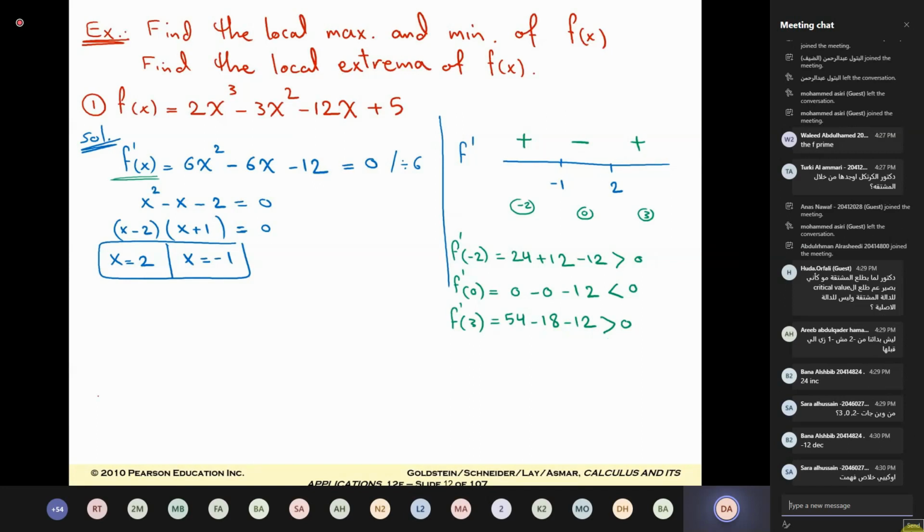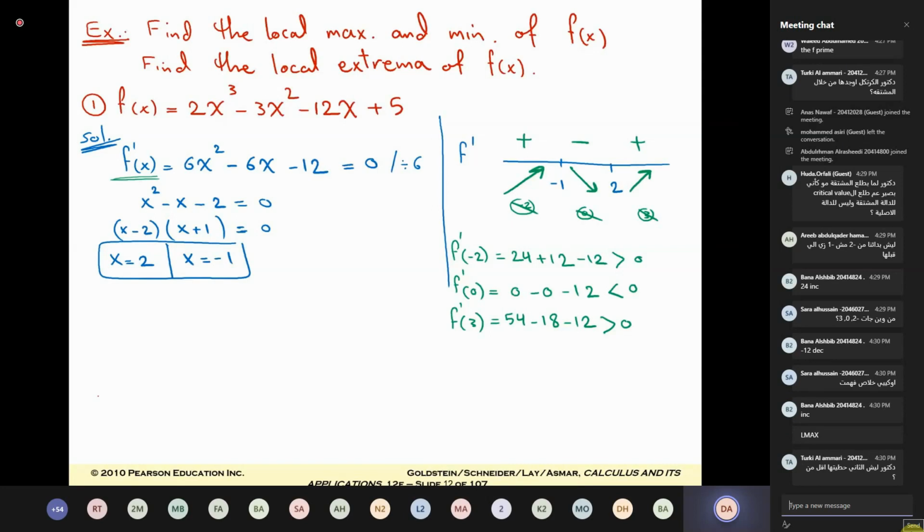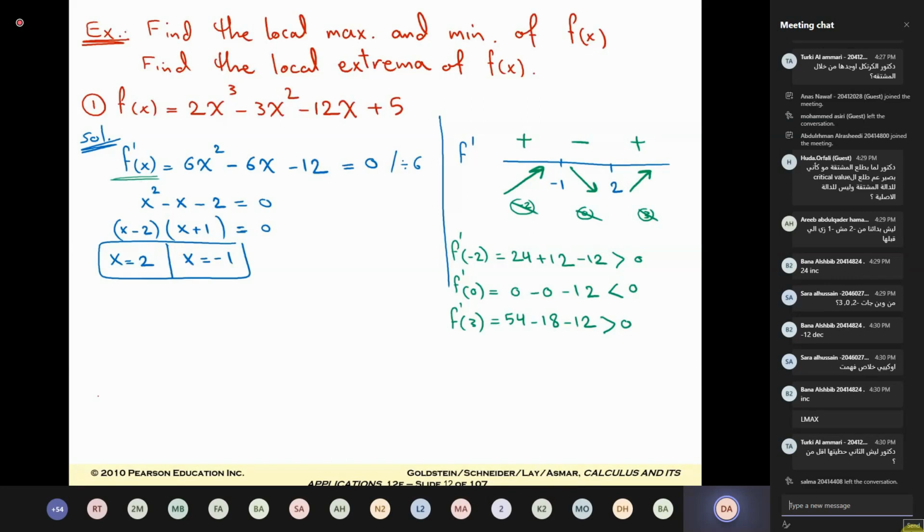So the direction is up, down, and up. Okay, now we can conclude the local maximum and local minimum.